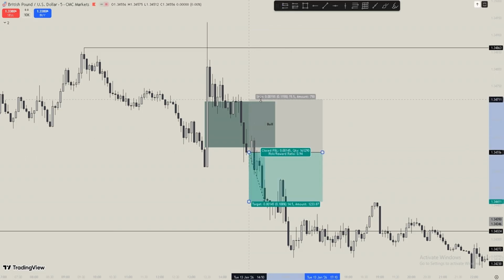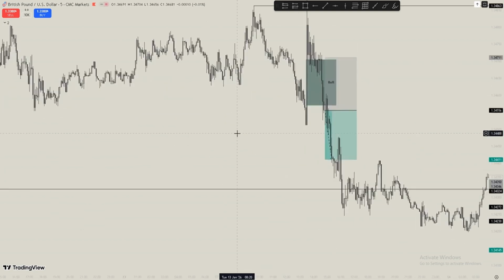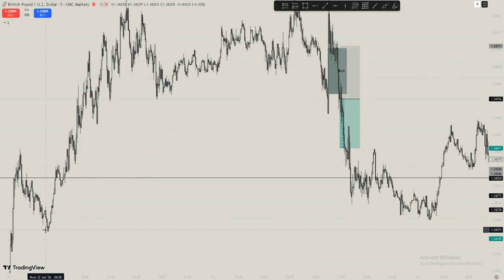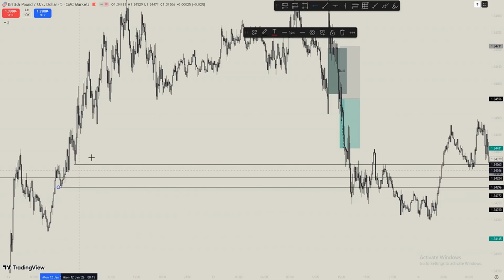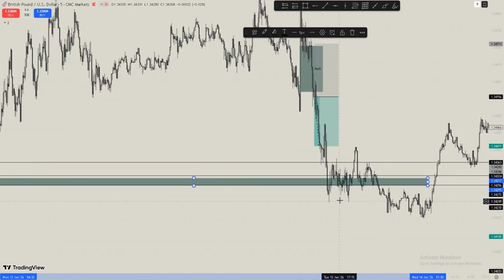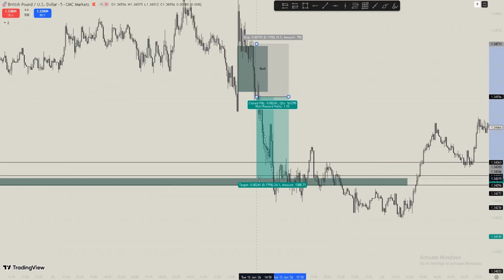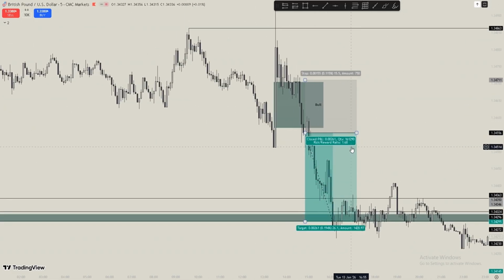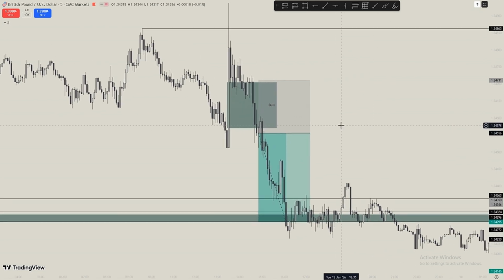We put our stop loss above this inverse fair value gap, and we can target here, it would be good, because there was also a fair value gap that must be taken. So we can put our stop loss somewhere around here. And a 1:68 ratio is quite good to be profitable.